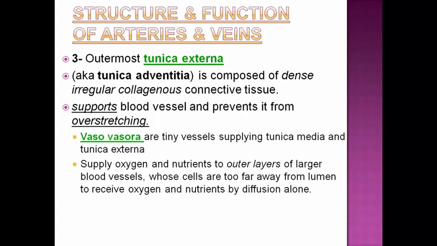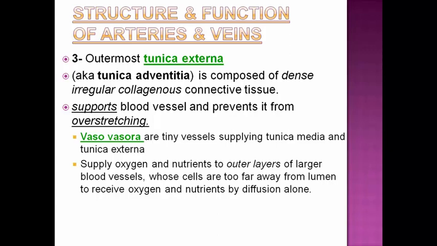The blood goes through the lumen so fast that it can't nourish the rest of these layers. So you have tiny vessels that nourish the tunica media and the tunica externa, and these tiny vessels are known as the vasa vasorum.